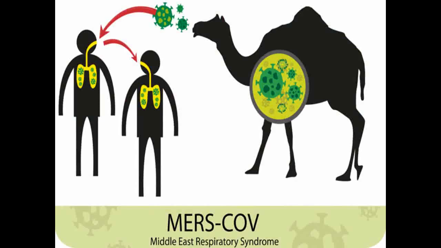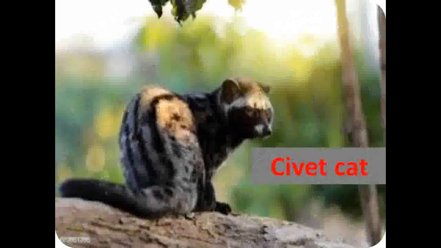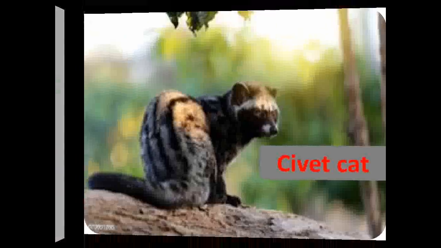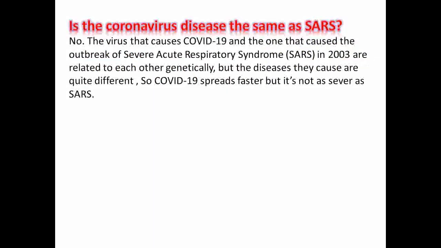This picture shows MERS coronavirus, where the virus is transmitted to humans through meat and camel milk, as shown in the picture. This wildcat called civet is responsible for transmitting the SARS virus to humans. Is the coronavirus disease the same as SARS?